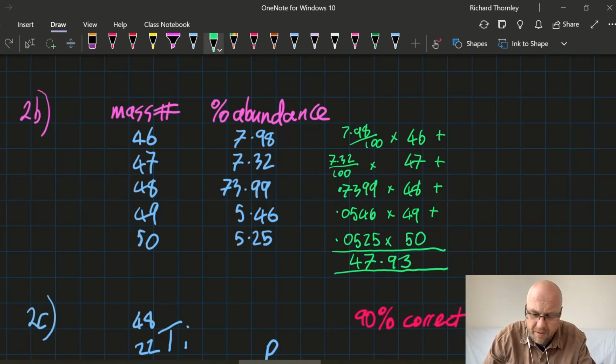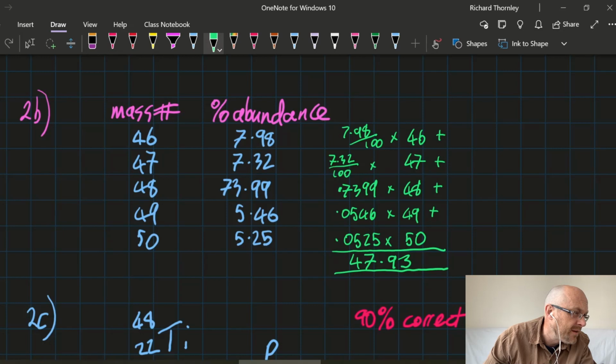Now they want 2 decimal places. Is that good enough? Yeah. What about units? Well, relative atomic mass has no units, but they could have asked us, what's it relative to? Well, it's relative to carbon-12, which has a mass of 12.